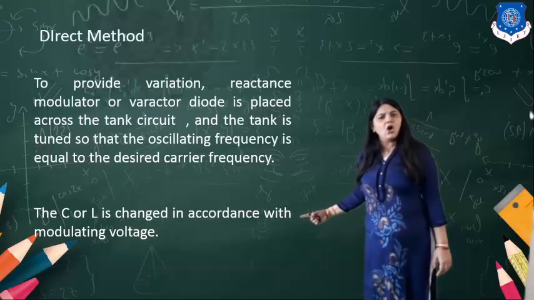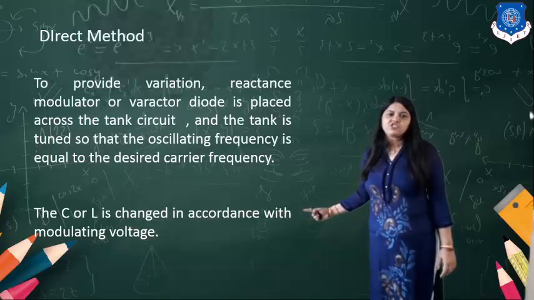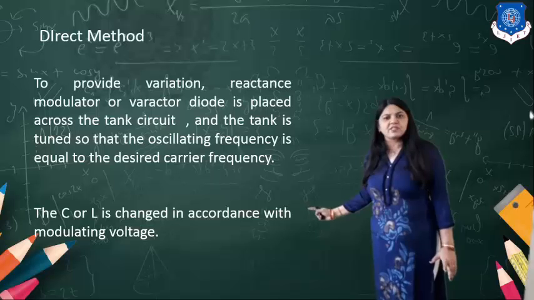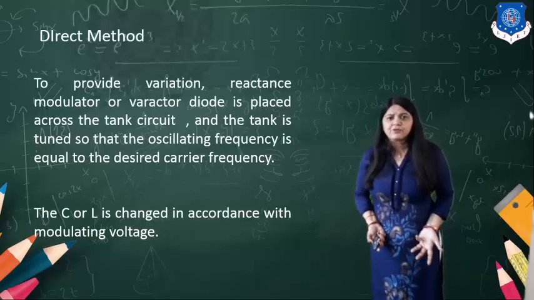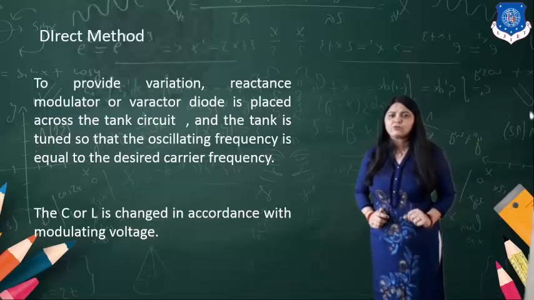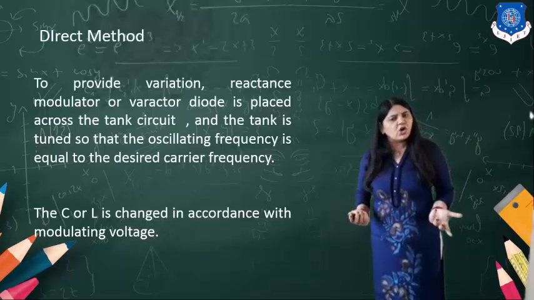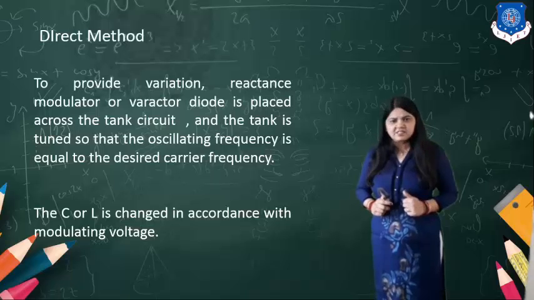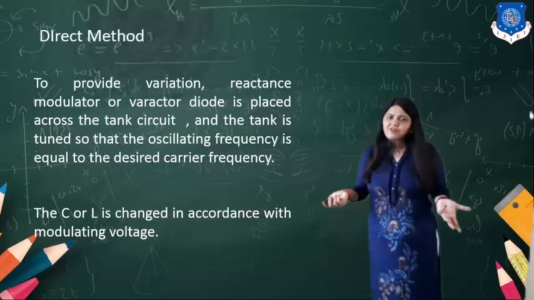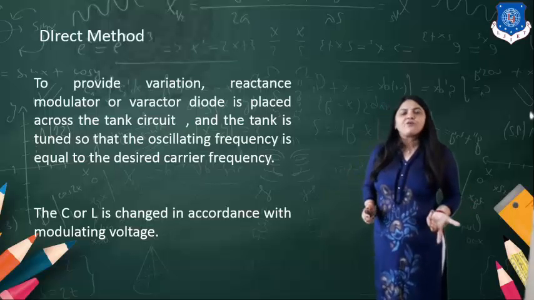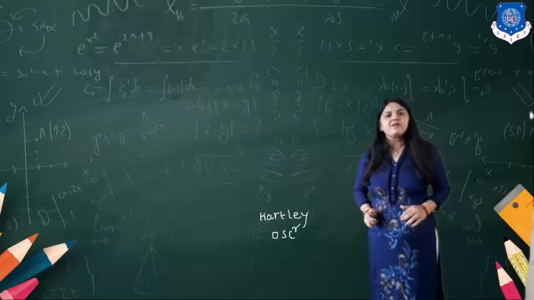The L or the C is changed in accordance with the modulating voltage. In the VARACTOR diode, the capacitance value varies, and according to the change in capacitance, we vary the frequency and obtain the frequency modulated wave.